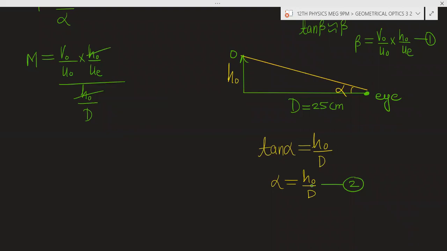So what we will have? We will have the magnification of the compound microscope equal to V naught by U naught multiplied by D divided by UE.